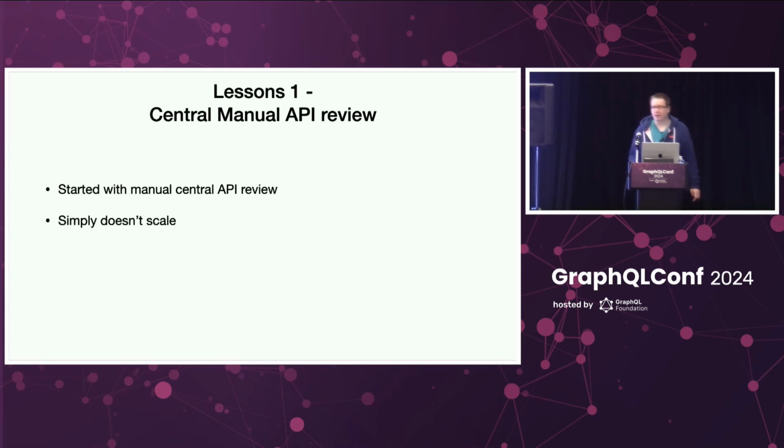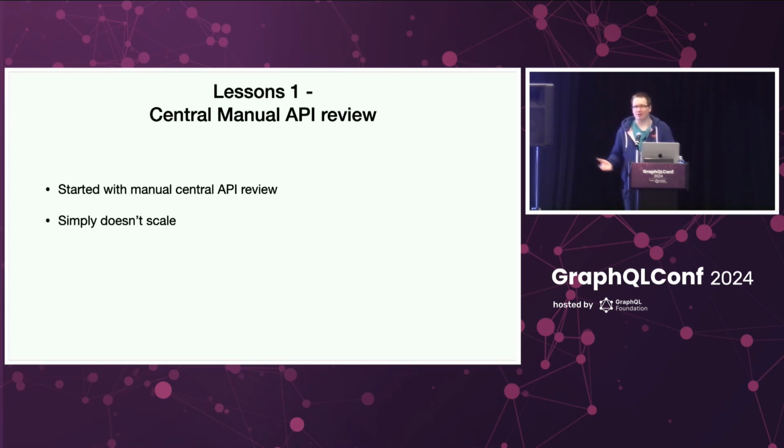We started with the manual central API review. By having the Supergraph API separate, this was another reason why we made it separate, we wanted to have a central choke point, a control point, a review stage where we could review the API that teams would like to expose via the gateway. And we started by manually reviewing it.